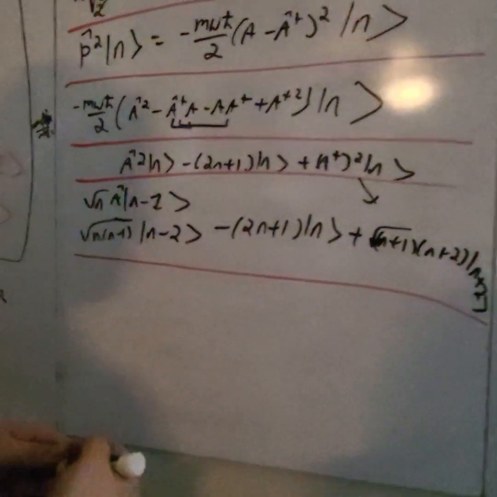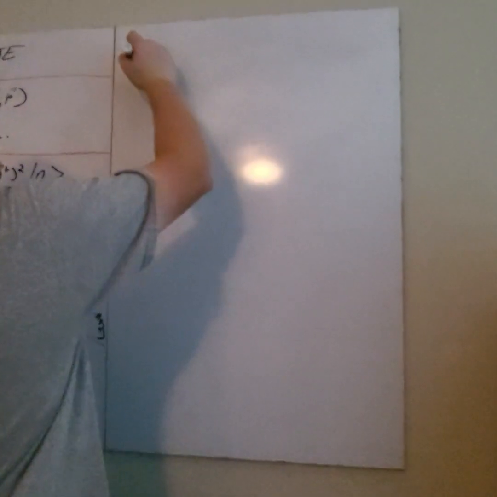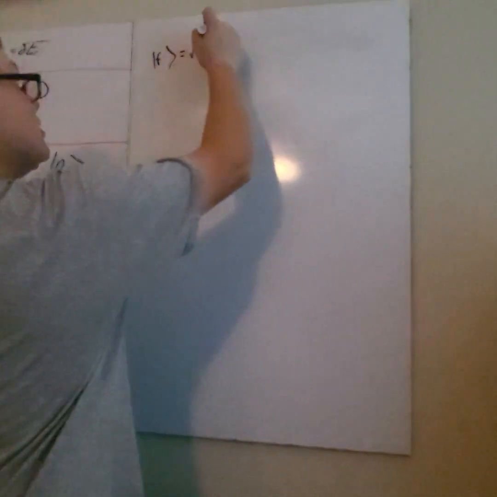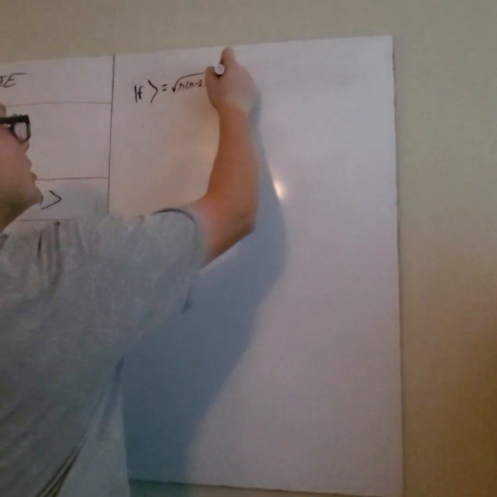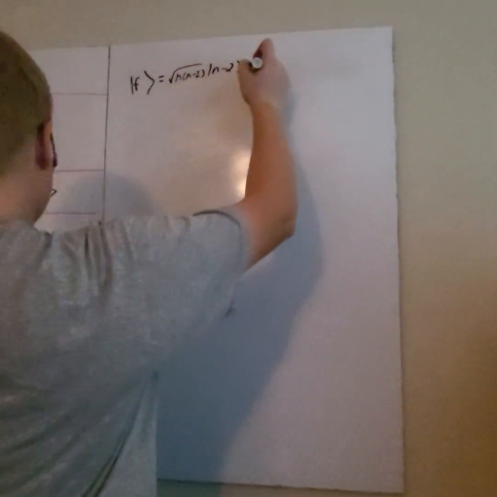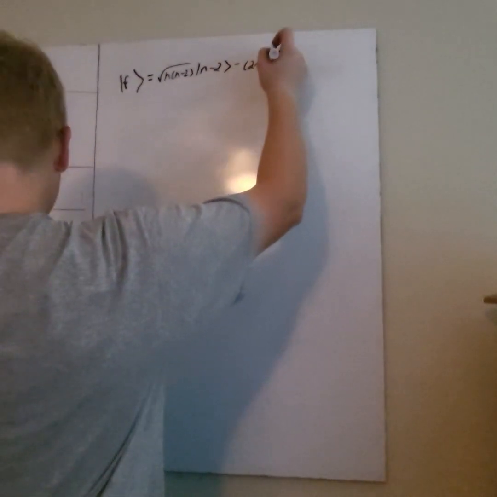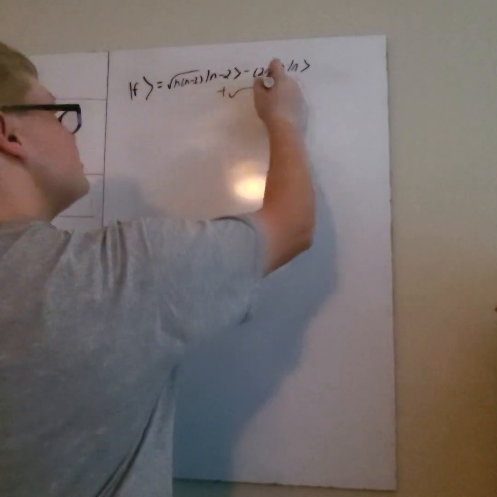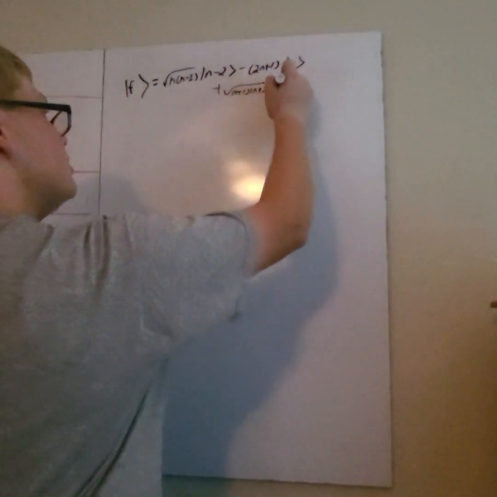So I'm going to go over here. Our ket that we're interested in is the square root of n(n minus 1) times the state n minus 2, minus (2n plus 1) times the state n, plus the square root of (n plus 1)(n plus 2) times the state n plus 2.